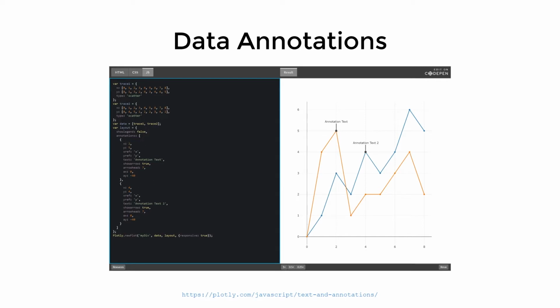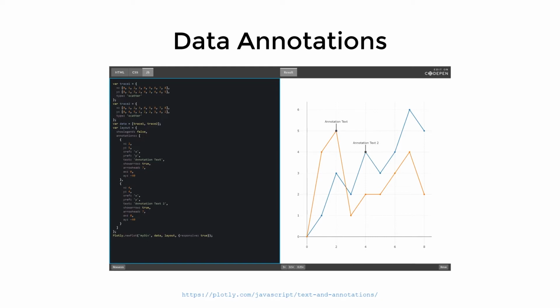You've also got the text property, which is where you set the annotation text itself, and the show arrow property for showing the line with an endpoint directly on that data point. The arrowhead property is a number between 0 and 8, which allows you to set different styles for that endpoint on the line. I'll let you guys experiment with the different styles of arrowheads that you can use.